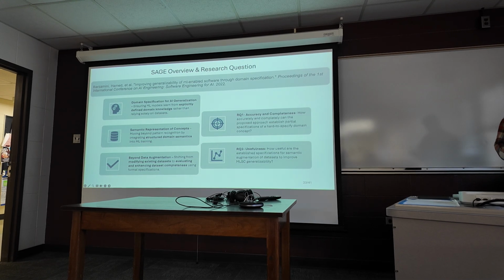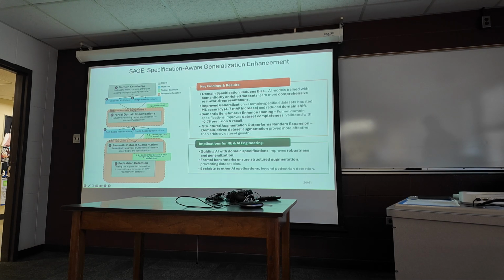Think of SAG as putting REIS into practice, where the formal specification drives practical improvement in how datasets support AI learning. So now, let's turn to how SEG operationalizes the specification created by REIS, and what impact that has on the model performance and generalization.